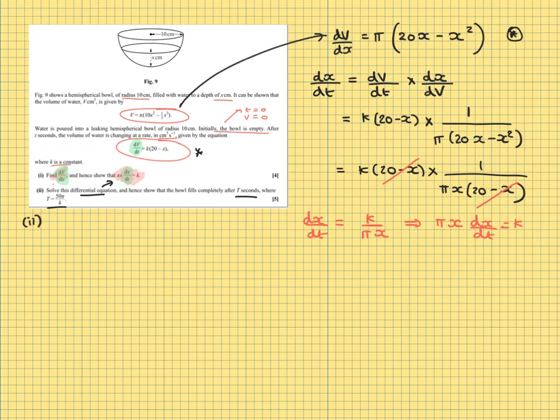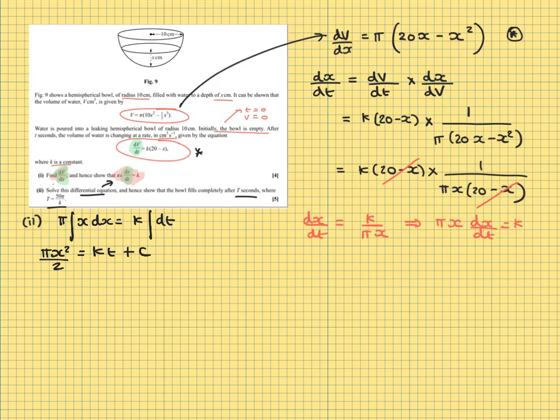So part 2, we need to separate the variables in this differential equation. So x on the left-hand side, so we have π, the integral of x dx equals k, the integral dt. So the left-hand side becomes πx squared over 2, the right-hand side becomes kt plus a constant. Now, what do we know?